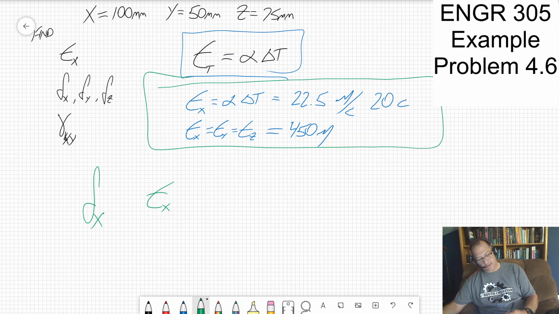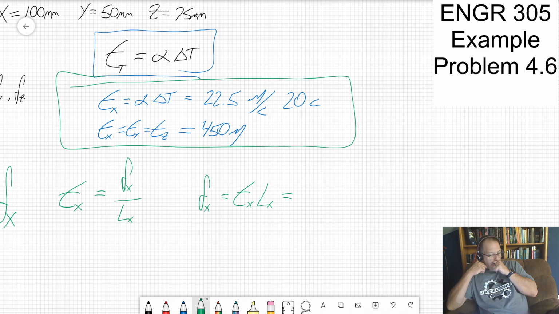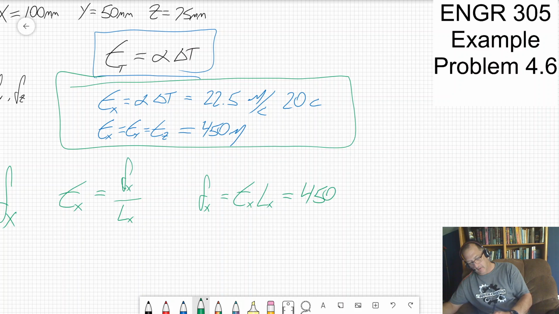The normal strain in the X direction is equal to delta X over the length in X. I'm rearranging that equation: delta X is equal to the strain in X times the length of X. The strain in X was 450 micro, and the length of X was 100 millimeters.